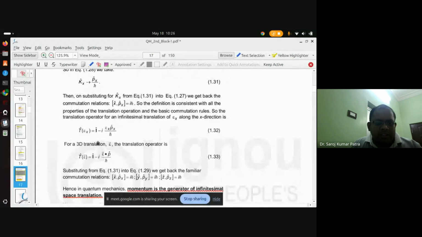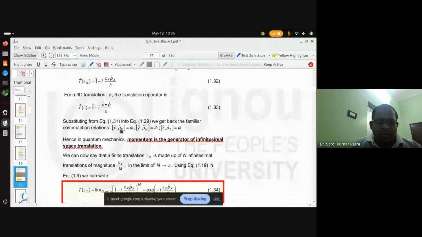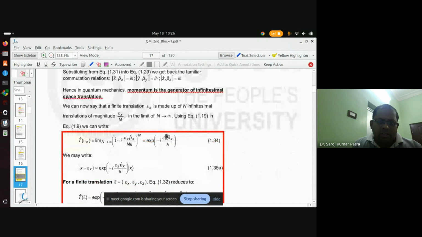If we take the translation operator as identity minus i epsilon x px by h cross, or in three dimensions translation epsilon dot p by h cross, then it will give us that required translation. And so the moral of this part is that momentum is the generator of infinitesimal small translation. And this concept we will later use to see how symmetry requirements make the momentum conserved. We'll see that.